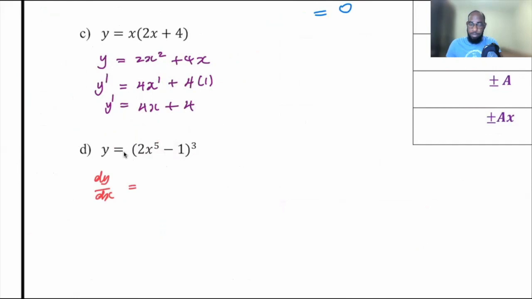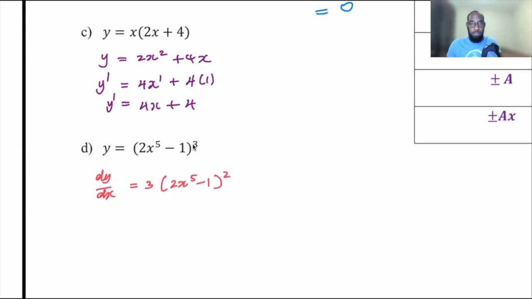So 3 multiplied by 1, which is 3. I write back what's in the bracket. And then I say, okay, 3 minus 1 is 2. Nice. And then I continue. I deal with the inside now. So I have to differentiate what's inside. So you have to multiply, right? Always multiply after.